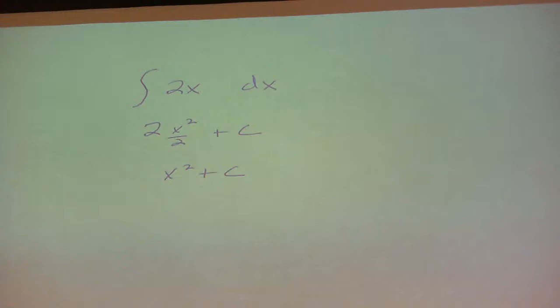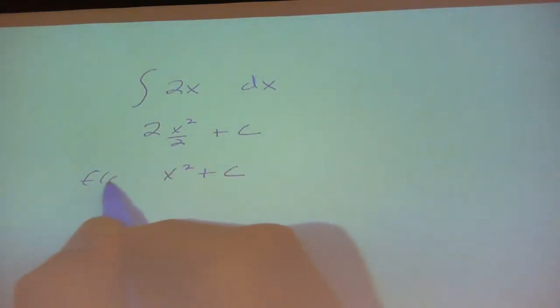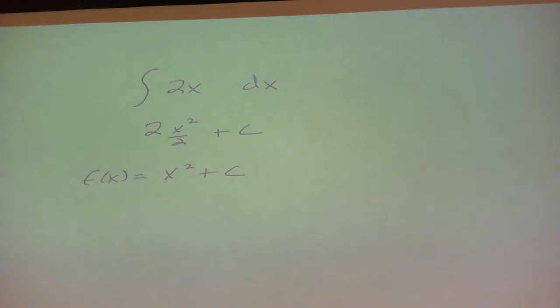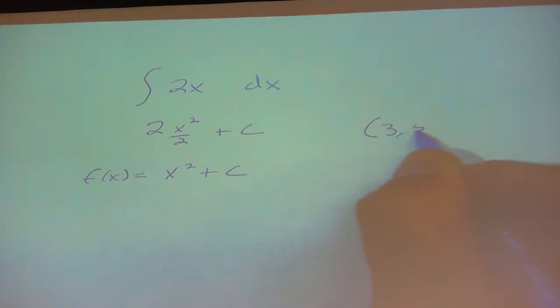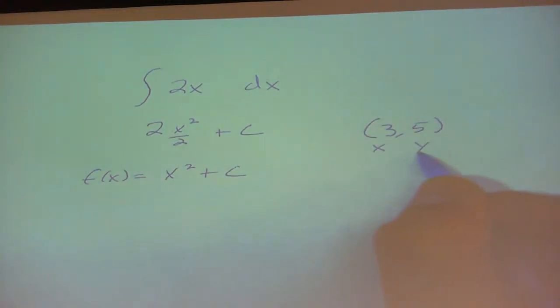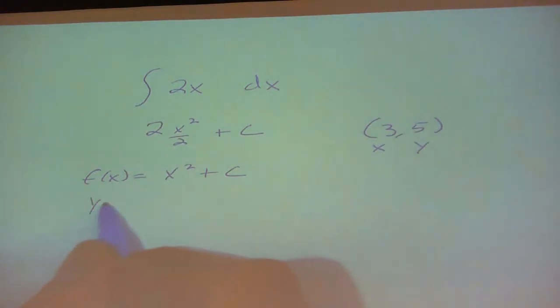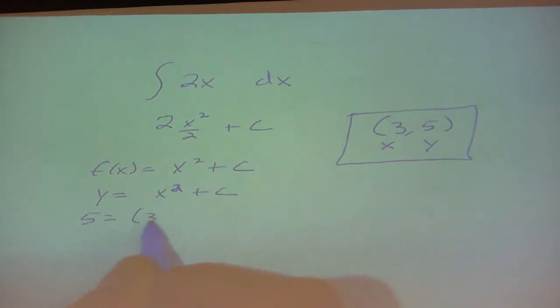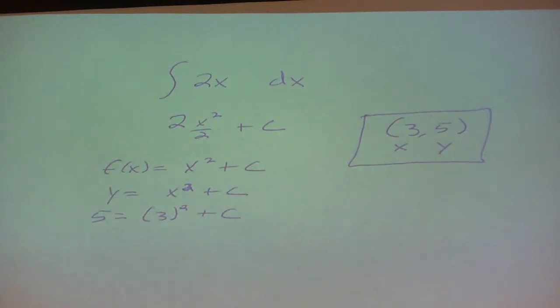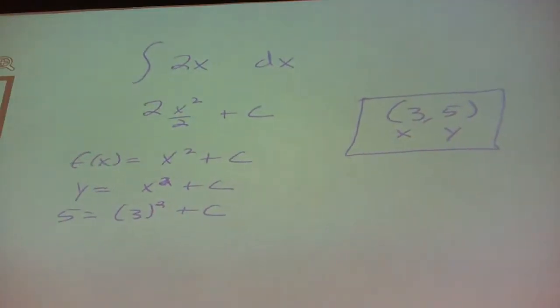Okay? So we had a derivative. I took the integral. Now we have the original. Well, what's the problem with the original? I don't know what c is. So luckily, they gave me the point 3, 5. Well, 3 is x, 5 is y. So f of x is y. So can I use that information that was given to find c? Yep. So y is 5, x is 3. Now solve for c. So every time you take an integral, you'll have a plus c.